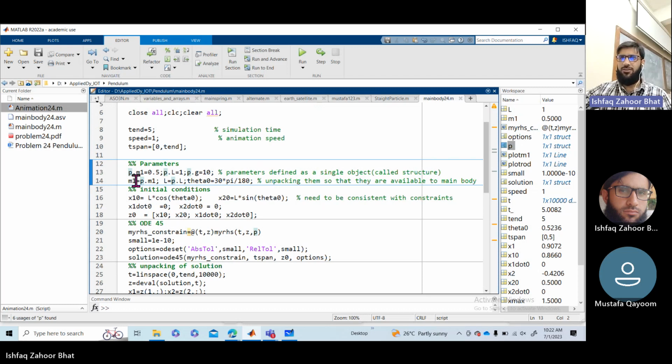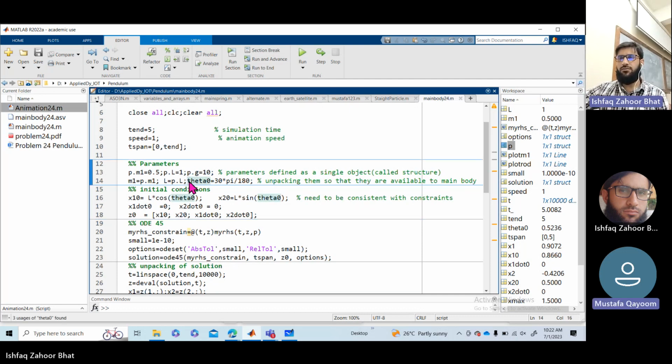So you write M1 equal to P.M1. Now this main code will understand that this M1 is P.M1, and that is equal to 0.5. Similarly, L is nothing but P.L. So these are the parameters.